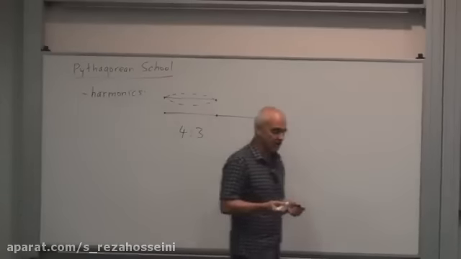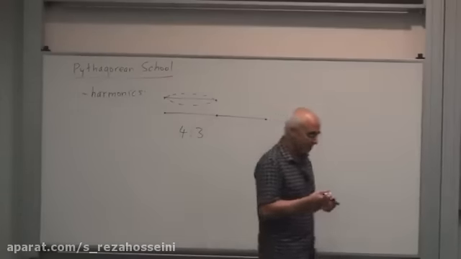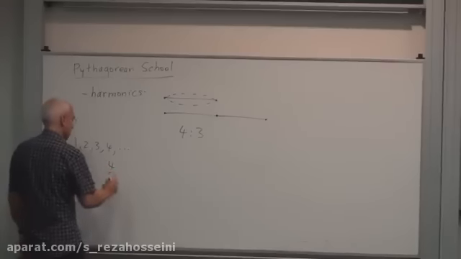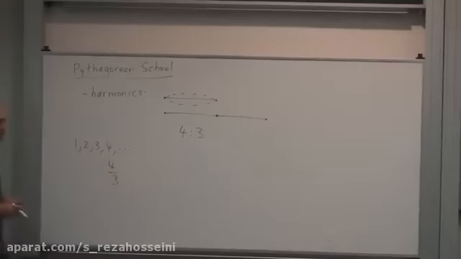And they had this idea that number could be used to describe almost everything in the natural world. And when they say numbers, we're talking about ordinary natural numbers and numbers that you could build from them, ratios like this, or what we would call fractions.